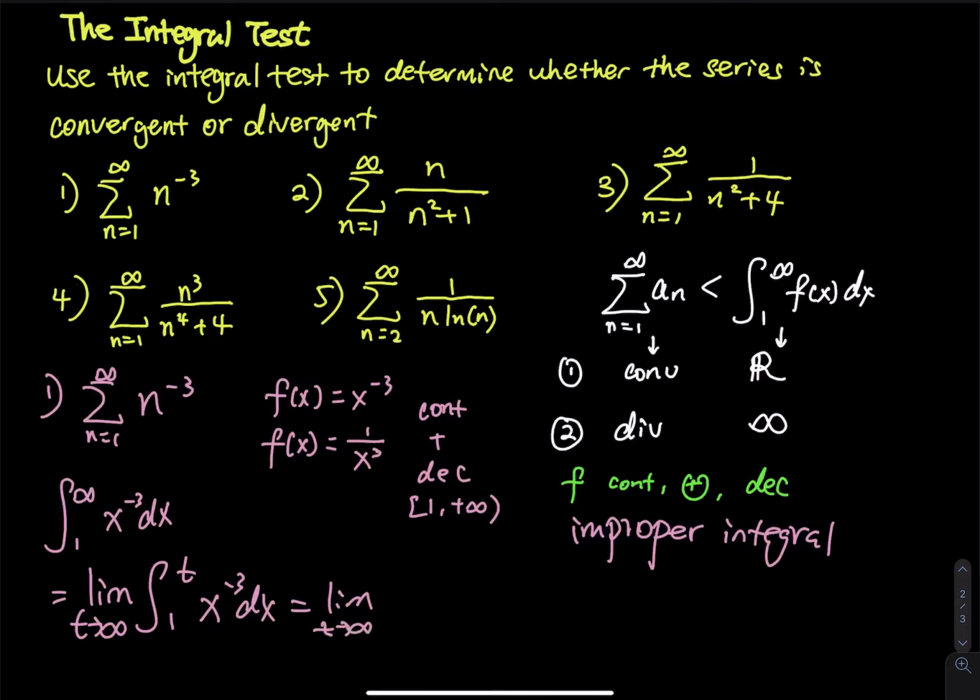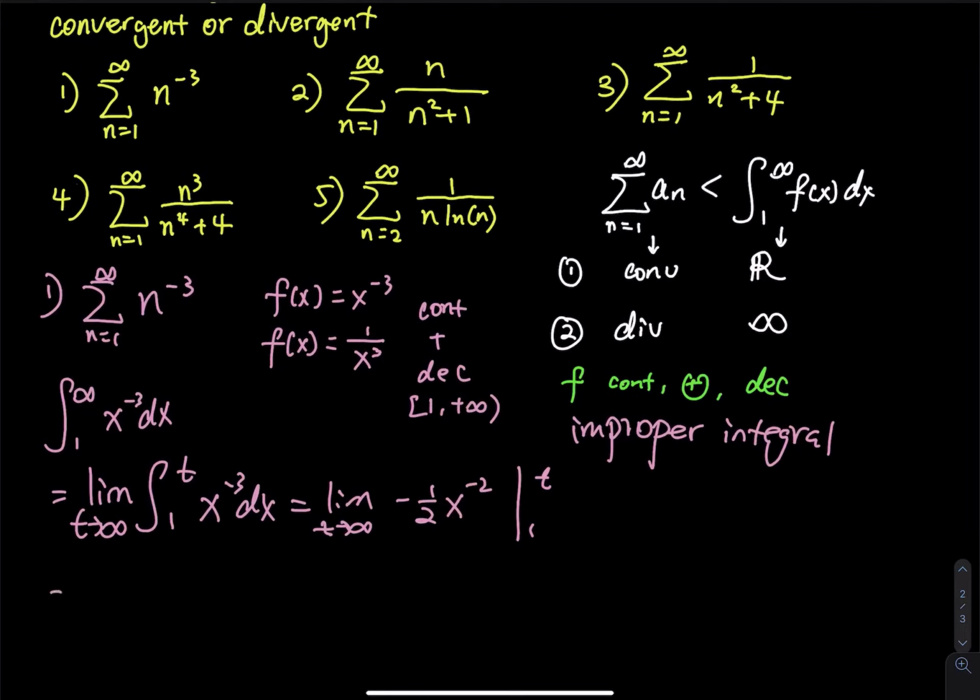You apply a simple power rule, so that is x to the what? x to the negative 2, right? Negative 3 plus 1 is equal to negative 2, and for the coefficient, you take the reciprocal of the exponent. So that goes from 1 to t, and you have negative 1 half. You plug in t, so you have infinity squared, and then minus minus, so that will be plus, and you plug in 1, so you get 1 over 1.